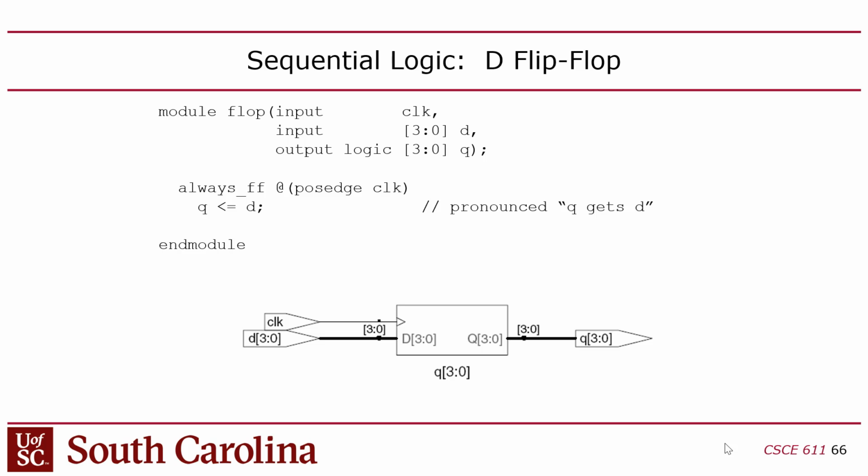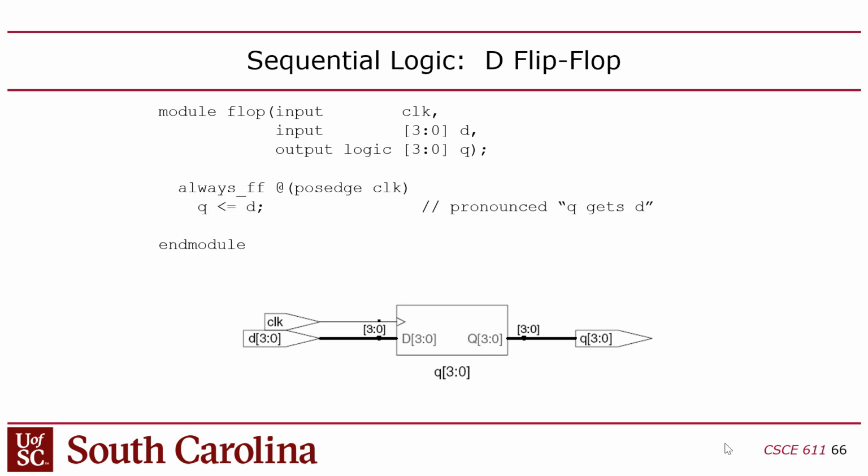Okay. So the more common use of an always block is when you want to make sequential logic. You want to make memory. So here's an example of that where, instead of always_comb, I'm going to use always_ff. Then you put an @ symbol, and then you can say posedge clock.